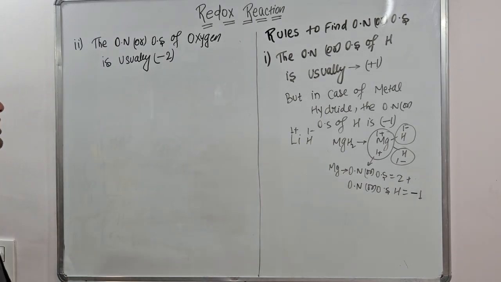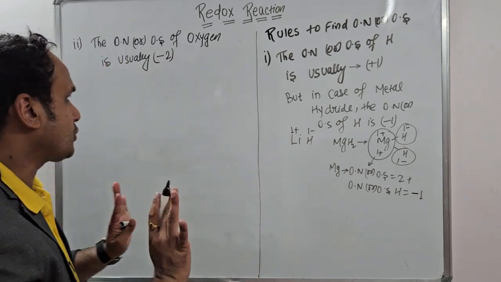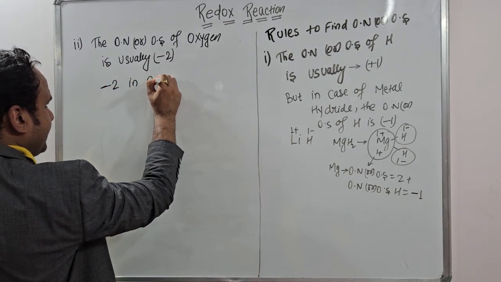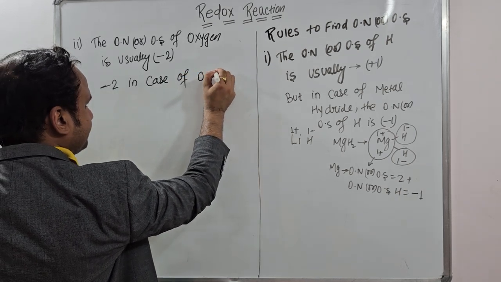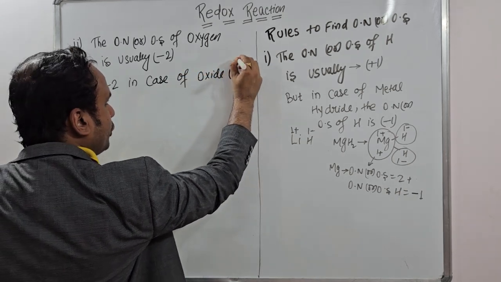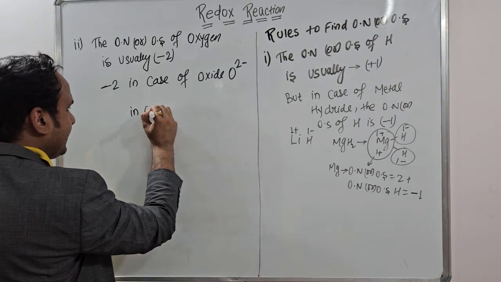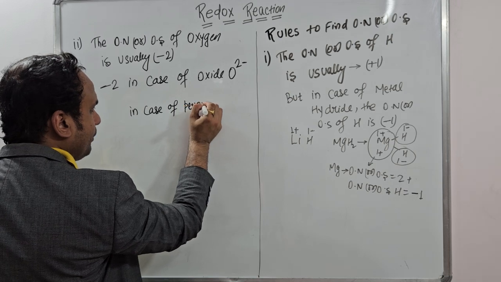Now it is saying that the oxidation number or oxidation state of oxygen is usually -2, but -2 in case of oxide, and oxide is O2 minus. The second one is in case of peroxide.